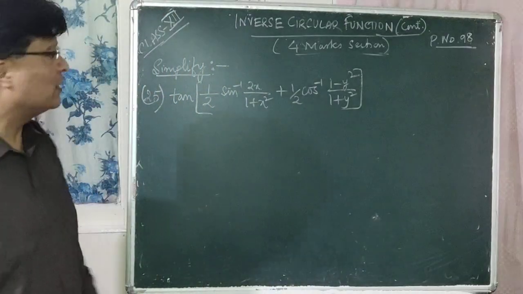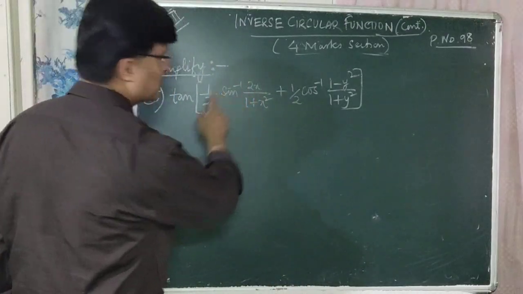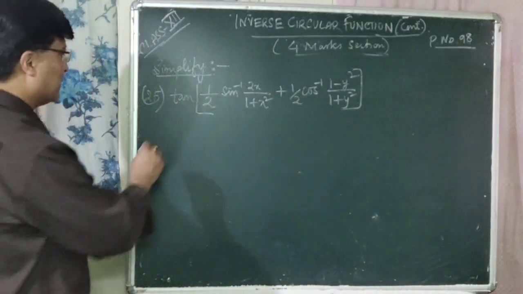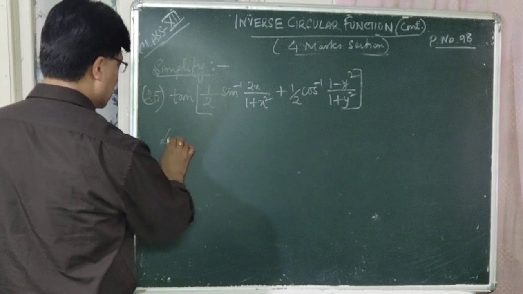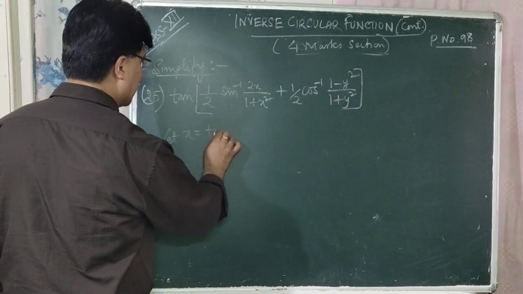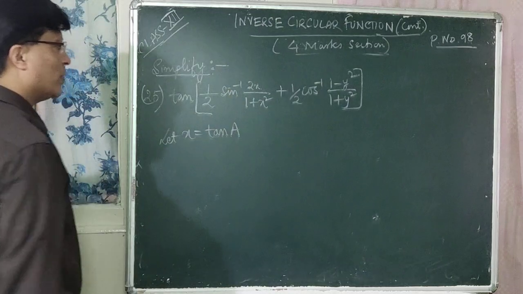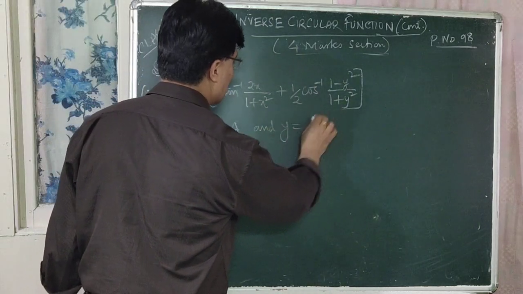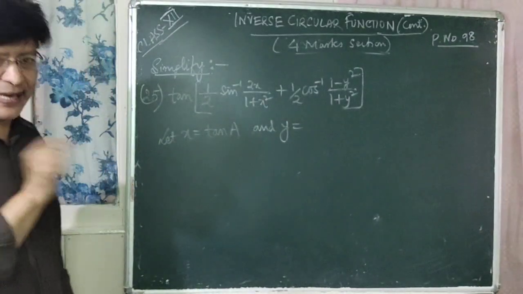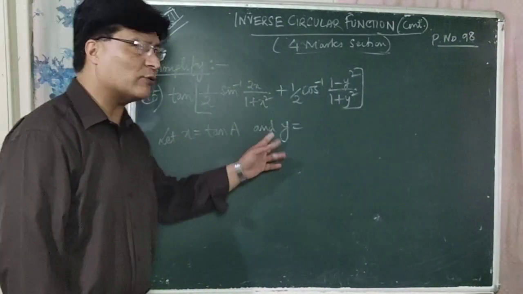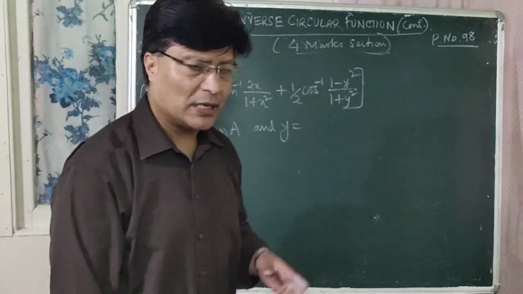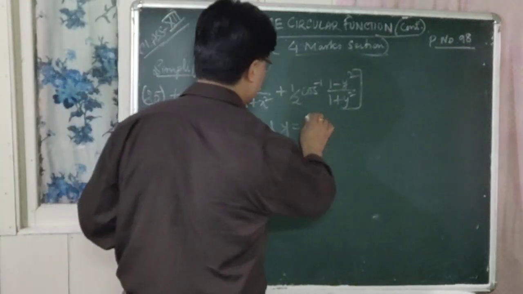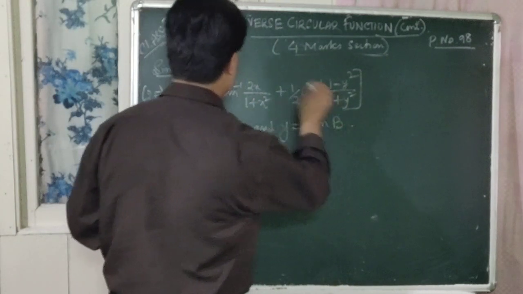Okay, so in this case, if there is sin inverse 2x upon 1 plus x square, we can put x is equal to tan theta, or we can put x is equal to tan A, and y is equal to, you cannot put here tan A again because these x and y are two different variables. If x is taken as tan A, you should take y as tan B. So it is tan B.